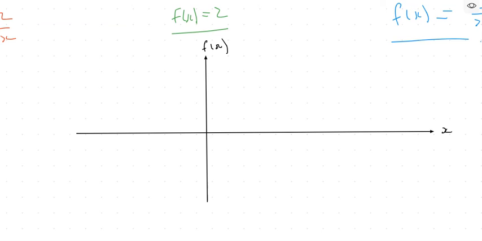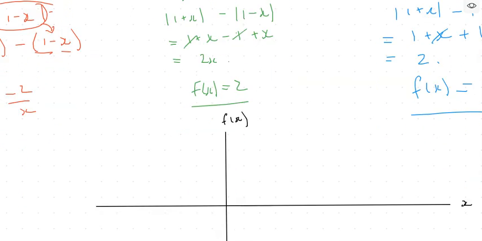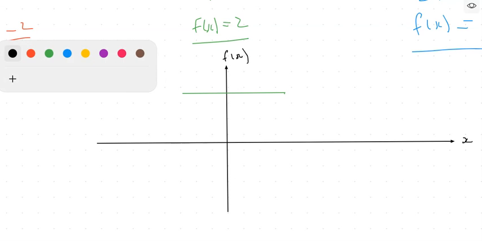Okay, so we'll do each bit in green. When x is between 1 and minus 1, we have f of x is equal to 2. Like this. Minus 1. 1. 2.